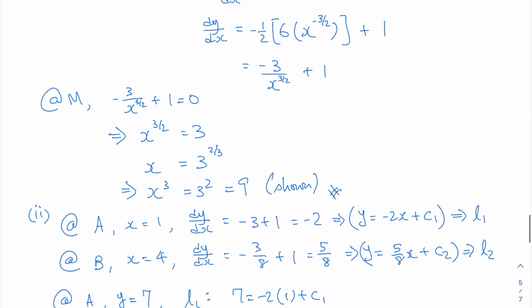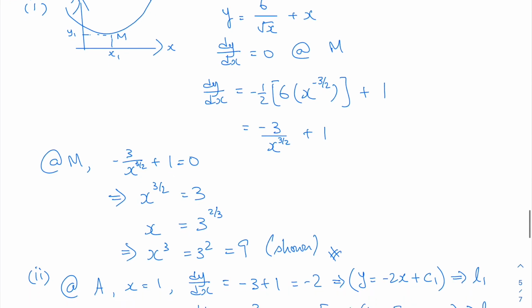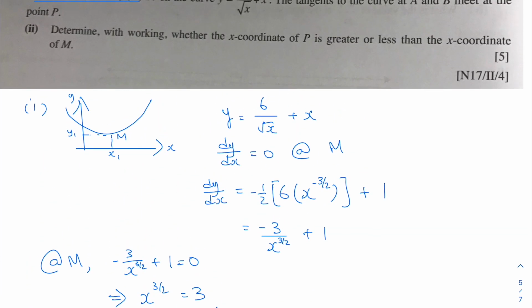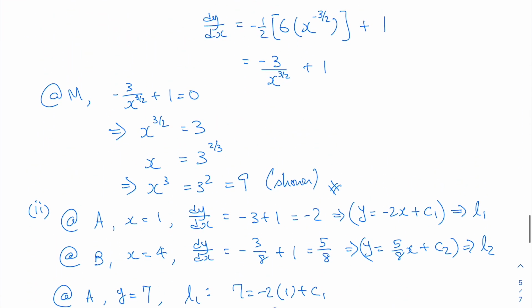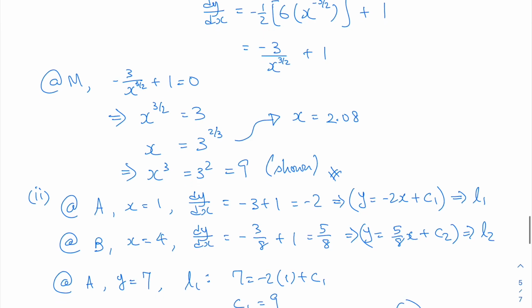Now compare with the x coordinate of M. Which one is bigger, the x coordinate of P or the x coordinate of M? The exact x value of M is 3 to the power of 2/3, which is 2.08.